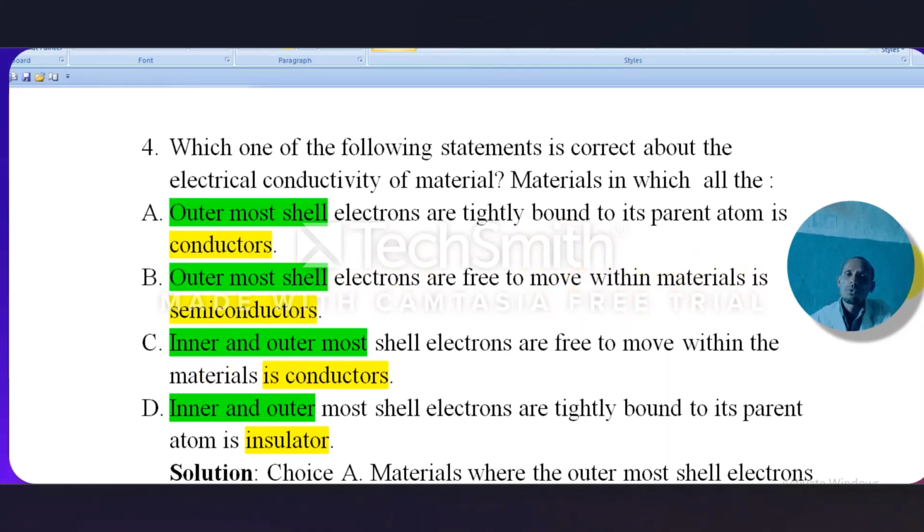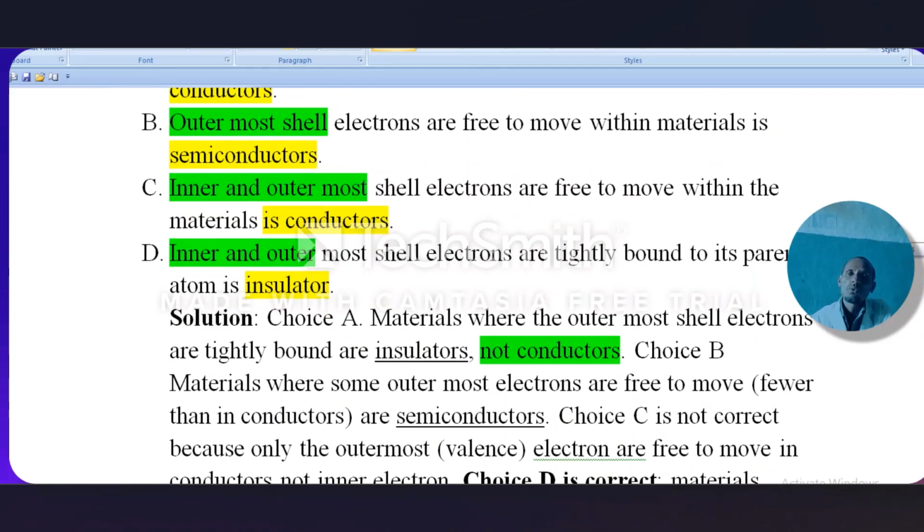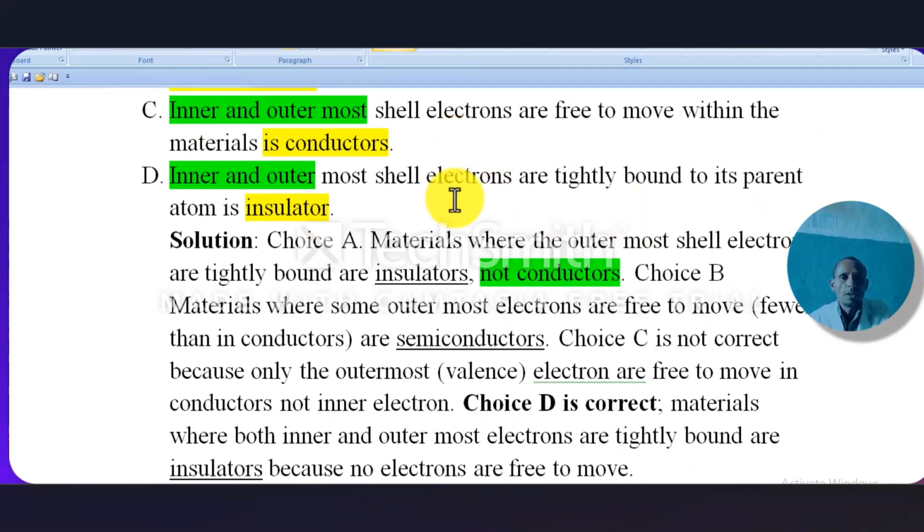Before choosing the answer, let me interpret each choice. Choice A says that material where the outermost shell electrons are tightly bonded is an insulator, not a conductor. Choice B, material where some outermost electrons are free to move, but less than in a conductor, is a semiconductor.